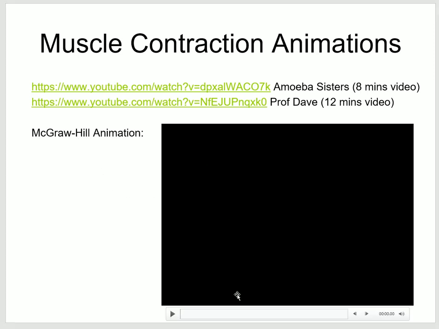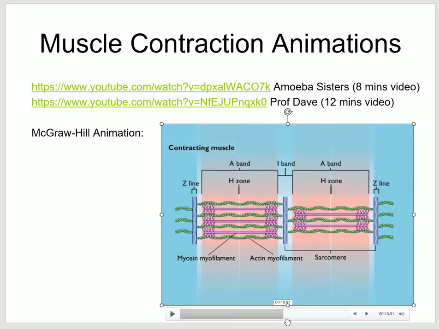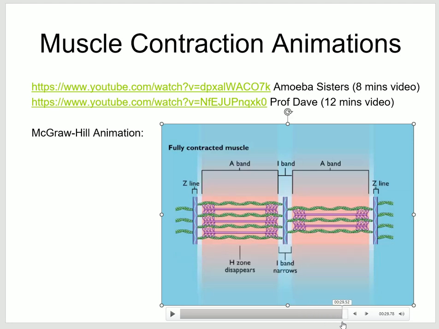This animation is 30 seconds long. So this is going to be a quick animation over what we're going to talk about. So watch that. It is embedded into this PowerPoint. So this is about how muscles are contracting, and this is what we're going to talk about.